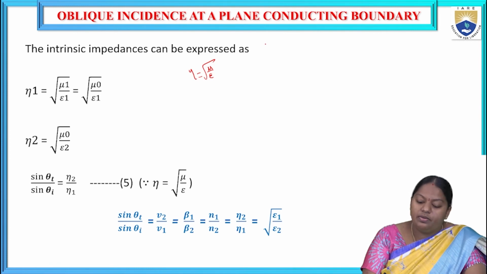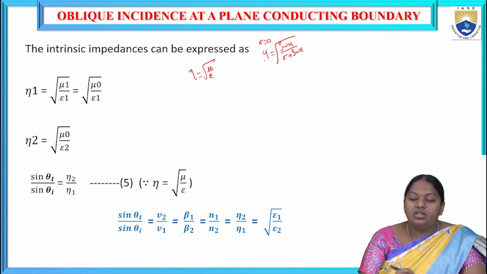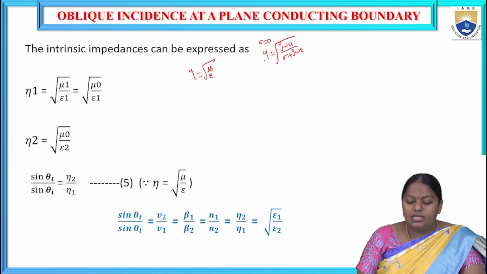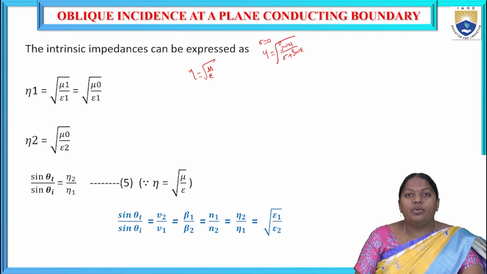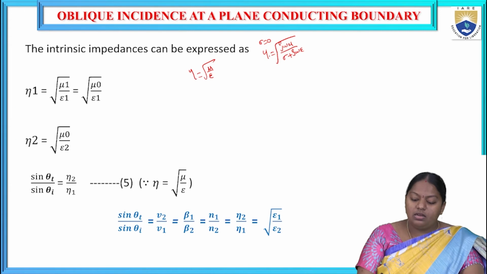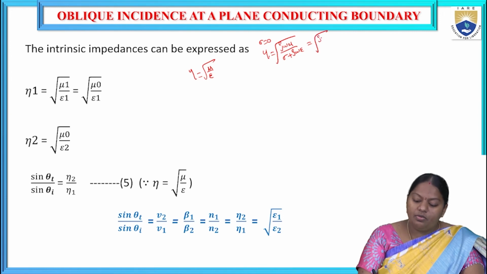Because for a dielectric medium, sigma equals 0. The general formula for intrinsic impedance is eta equals root of j omega mu by sigma plus j omega epsilon. Now if you substitute sigma equals 0 for the dielectric medium, only j omega epsilon is left in the denominator.